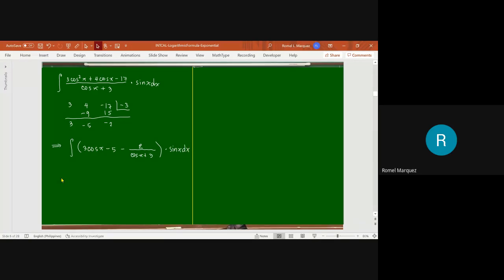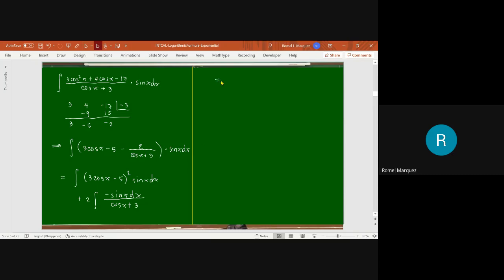Okay, children? Then we integrate it term by term. 3 cosine x minus 5 raised to 1 times sine x dx. That's the first integral. Then the second integral, negative 2, integral of sine x dx over cosine of x plus 3. Oh, that's du over u. We just need a negative, then this becomes positive.